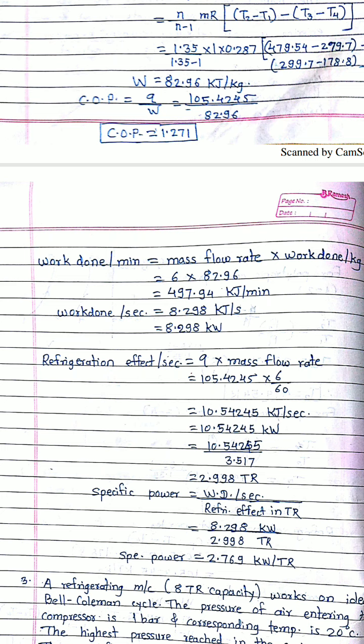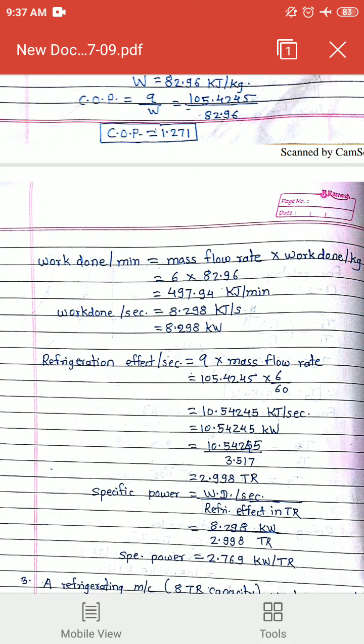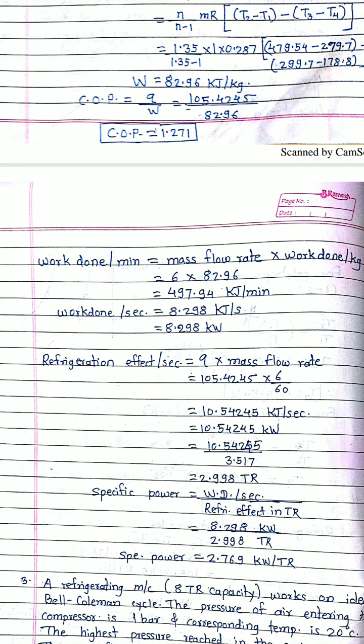Work done is 8.298 divided by 2.998. So after simplification, the value of specific power is equal to 2.769 kilowatt per TR. Specific power is 2.769 kilowatt per TR. So please remember this point.